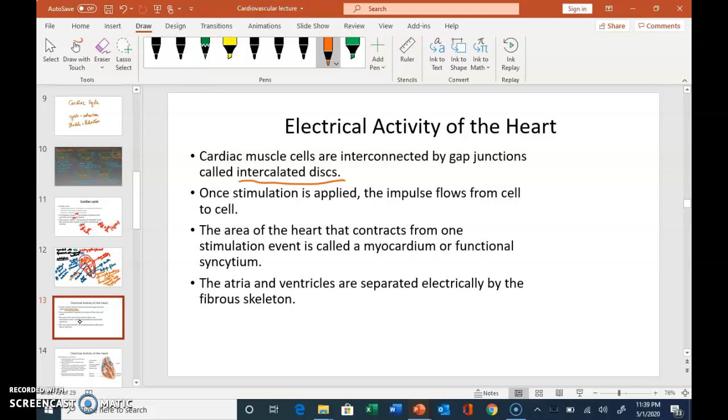As the action potential, or the wave of depolarization, runs from one cell to the next, all the heart cells in a particular area contract together, and that's called a functional syncytium. Another important thing to remember, the atria and the ventricles are separated by the fibrous skeleton, as we mentioned before. So this is a nice little summary slide for the electrical conduction of the heart.